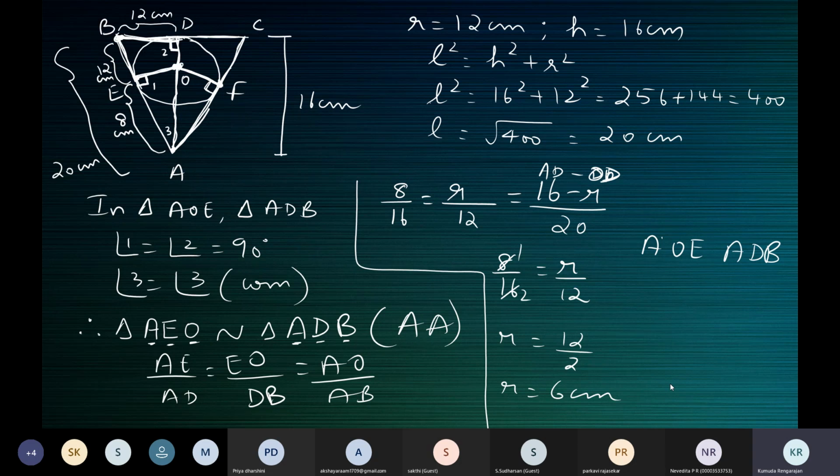That's all. In triangle AOE, OE is R, AO is 16 minus R, and the other side is 8. So you can use Pythagoras theorem and find the value of R.